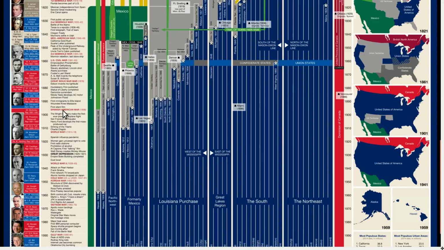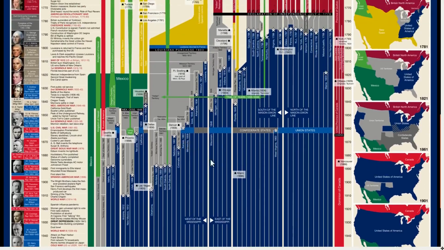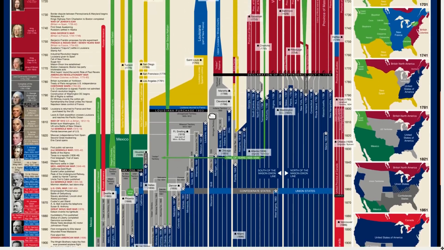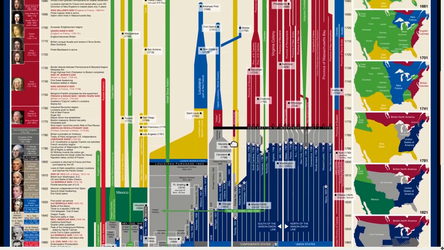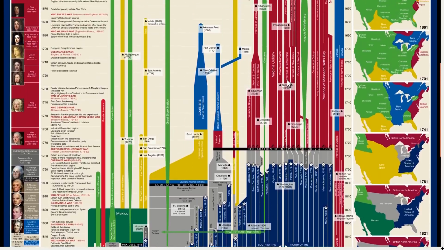in red. And then in the middle, we have a line for every territory and state so that you can see how they all evolved over time. The dark red represents English or British colonies, the yellow, Spanish, the blue, French, and the green, the various Native American groups.